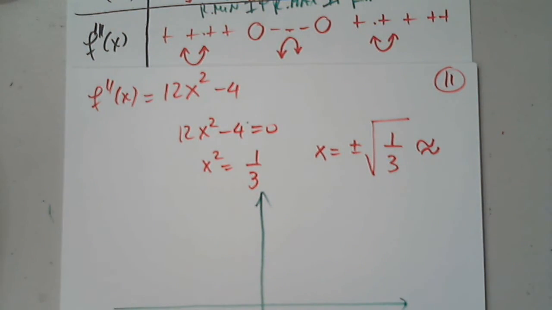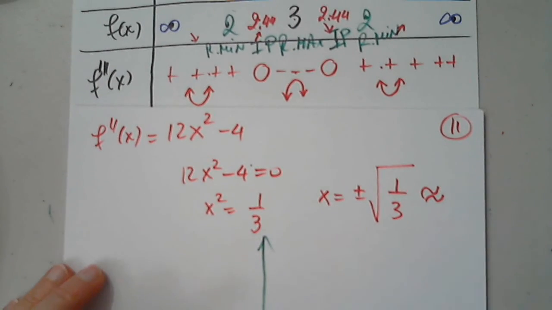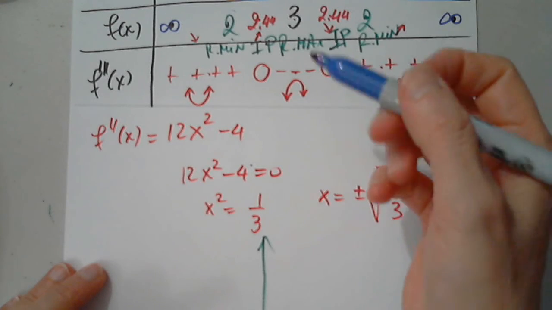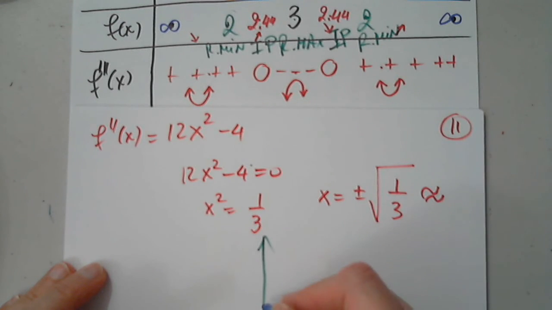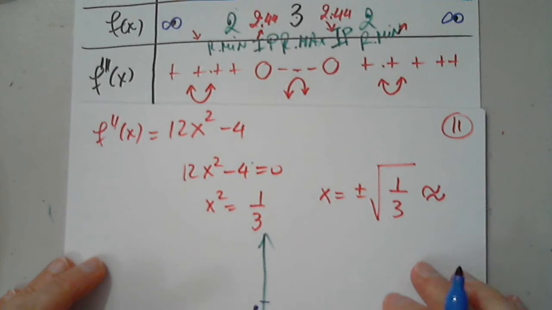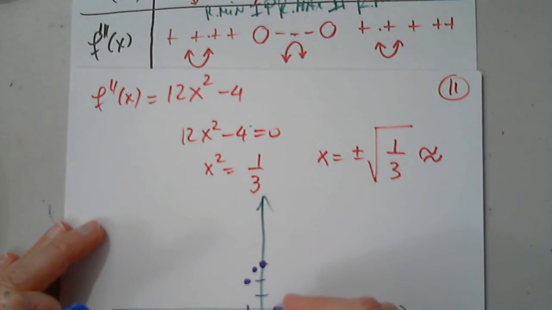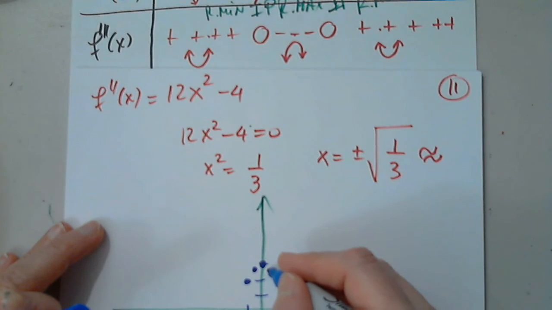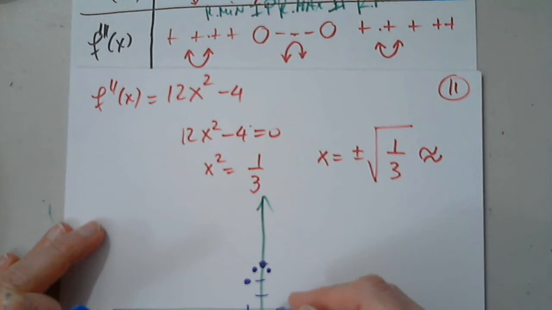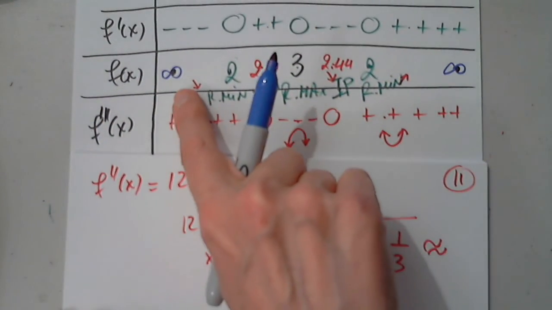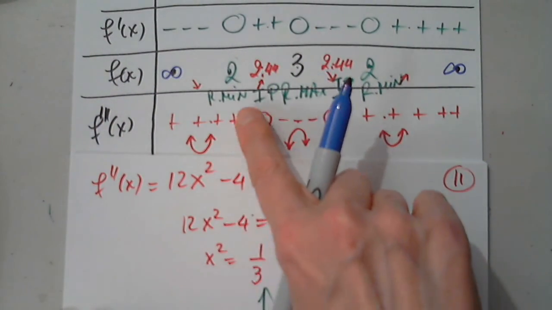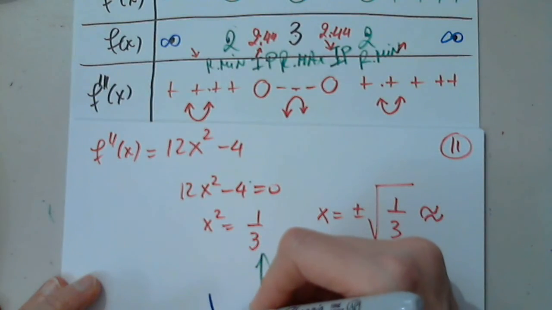I start by plotting the points. Always plot the points. Negative 1, 2. Negative 0.6, 2.4. 0, 3. 0.6, 2.4. And 1, 2. It's coming from positive infinity opening up to the relative min.